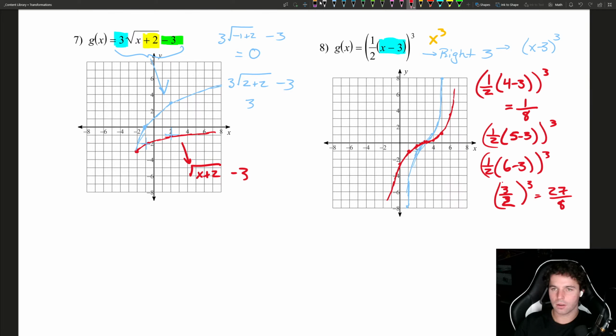What I would do if I were you on a question like this on the test is plot a couple points. We'd have the point (4, 1/8), and (5, 1), and then you could do (6, 27/8) if you wanted to.